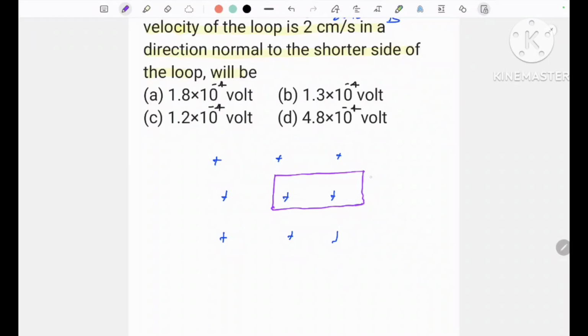This is B and this is L. Suppose a x distance has come out and a small distance dx is moved in dx distance moved, ये लेफ्ट टू राइट मूव कर रहा है, dx moved in small time dt.